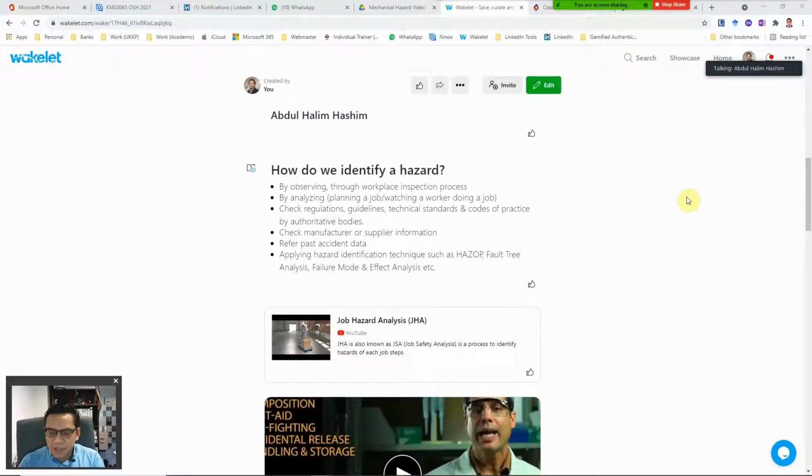So observing has a different style, and one of the most formal style would be what we call workplace inspection. Workplace inspection is basically a formal planned process. So you plan to go to a place, you identify a place, and then you identify the date to go to that place, and you ask for permission to visit.